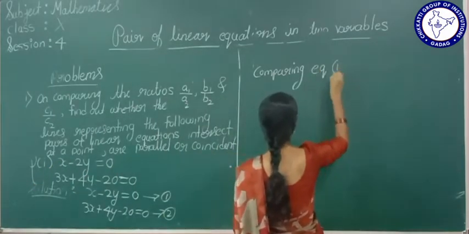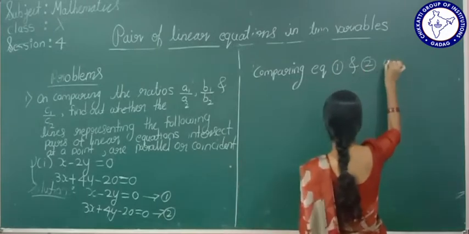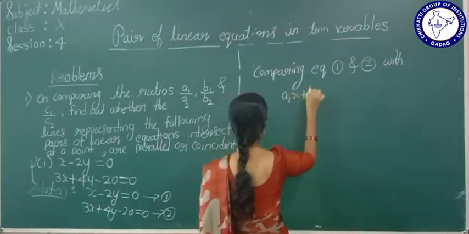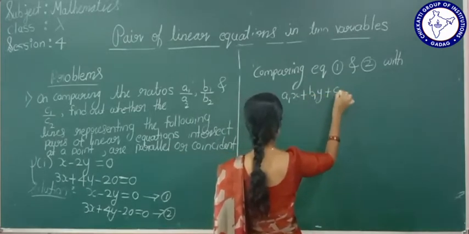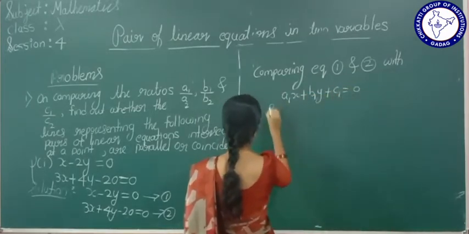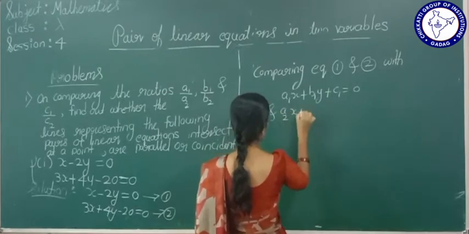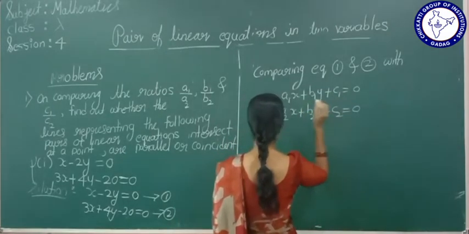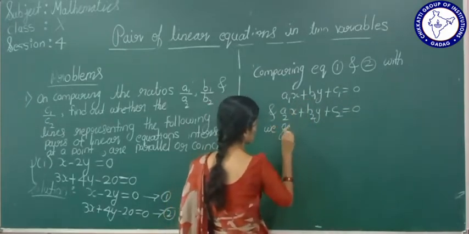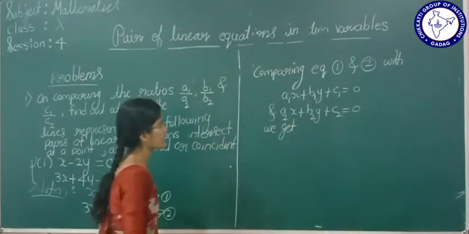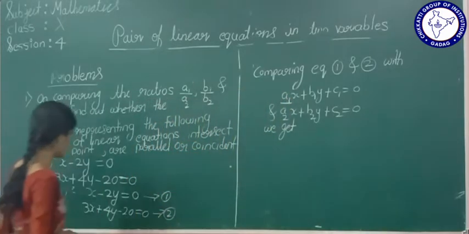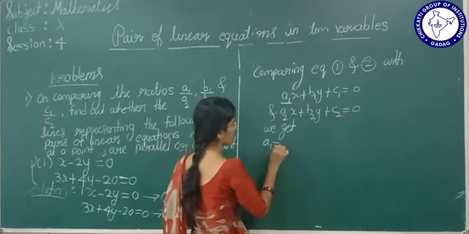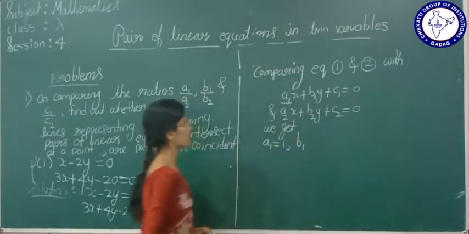Comparing equation 1 and 2 with a1x plus b1y plus c1 is equal to 0 and a2x plus b2y plus c2 is equal to 0, we get: in place of a1, it is 1.